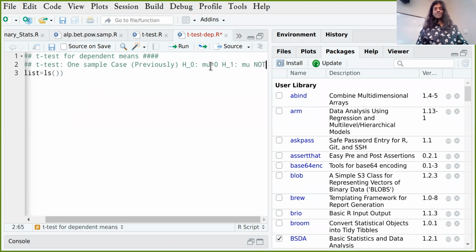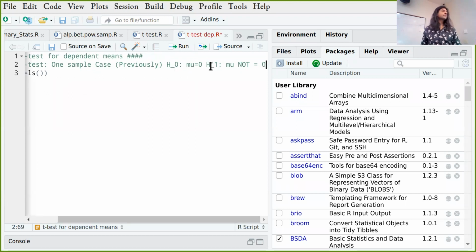I'll use not equal to 0. A simple case because we have mu to be an average that comes from a single sample. Of course, it has to satisfy all assumptions: normality, random sample, identically distributed, etc. Same will apply here.